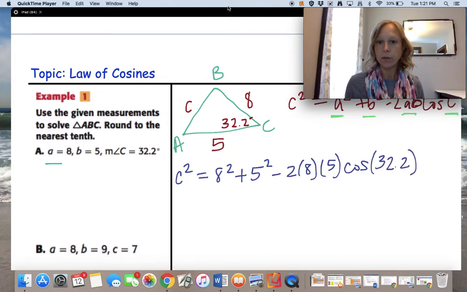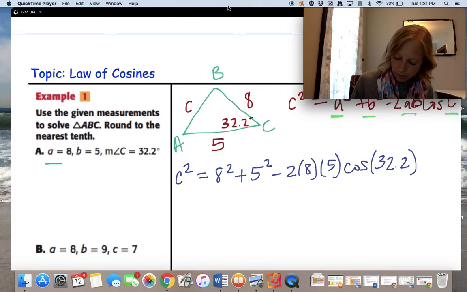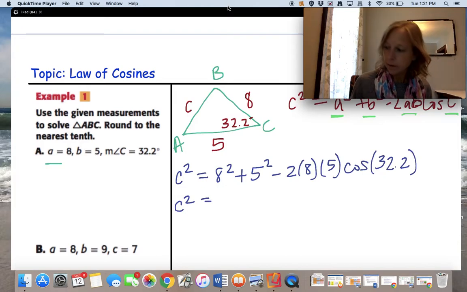And we're just going to put this whole thing in our calculator. So I'm going to pick up my calculator and type that in. And I get out c squared equal to 21.3.